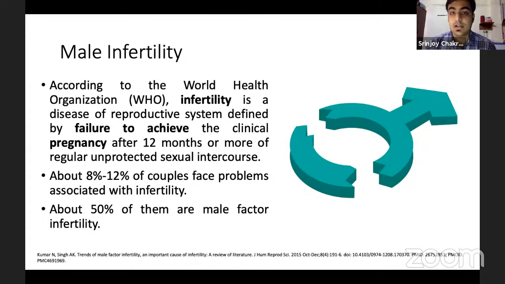According to the World Health Organization, it has been defined as a disease of the reproductive system, wherein there is a failure to achieve clinical pregnancy after 12 months or more of regular unprotected sexual intercourse. About 8 to 12% of couples face problems associated with infertility, and about 50% of them are contributed by male factor infertility.